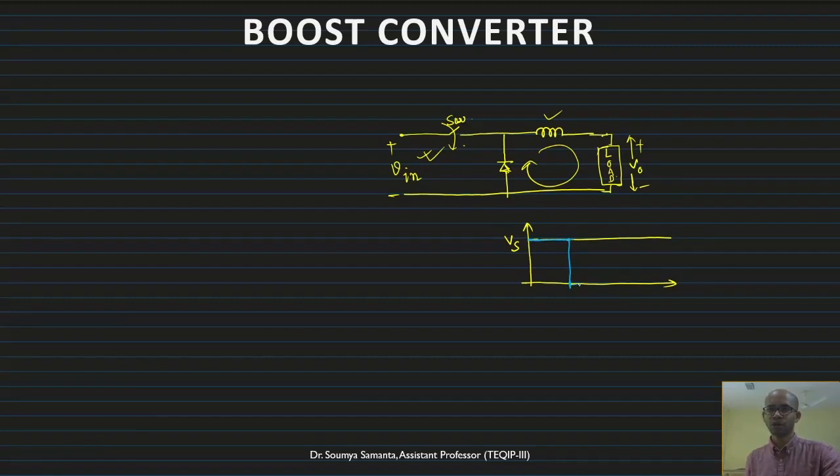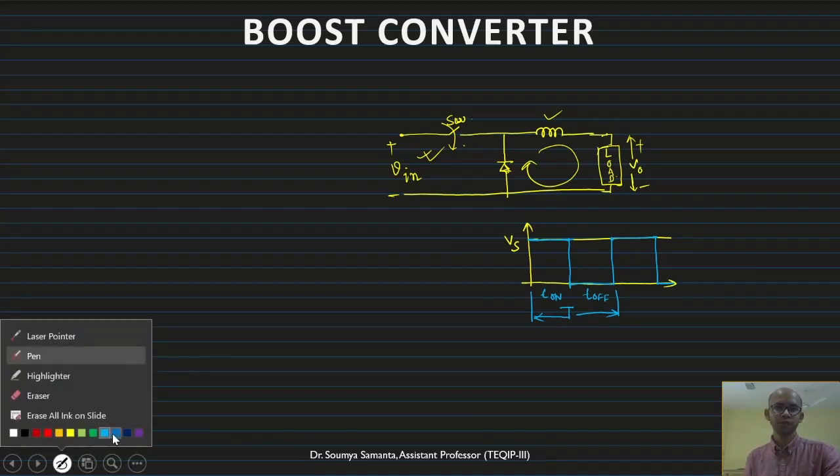Then the switch is turned off, that means we get the off time, and we get zero voltage because the voltage is shorted by the diode. Then whenever it is turned on again, we get the voltage, and so on. This is how it operates. This is the time period, this is T on, this is T off, the on time and off time.